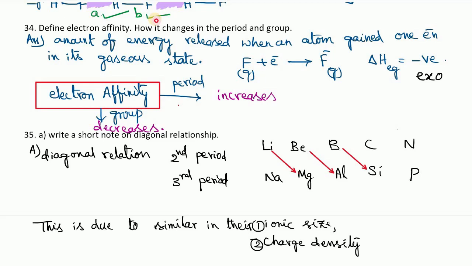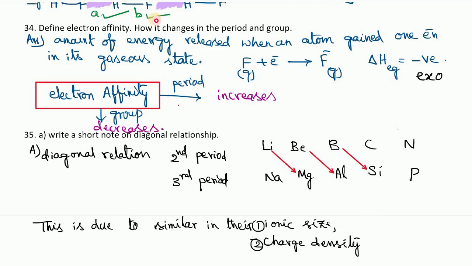That means a few second and third period elements, not all, have similar chemical properties. This relationship is called a diagonal relationship. You can see lithium is diagonally related with magnesium, beryllium is diagonally related with aluminium, boron is diagonally related with silicon.